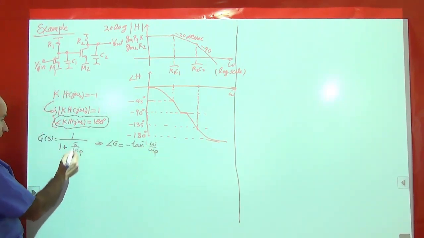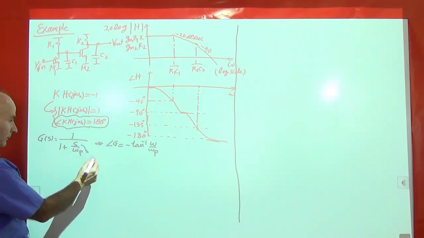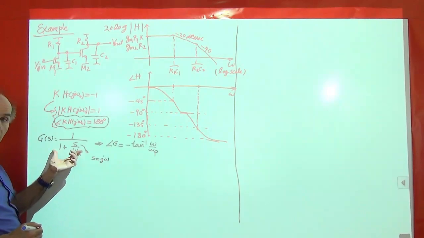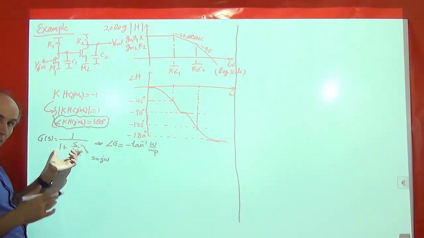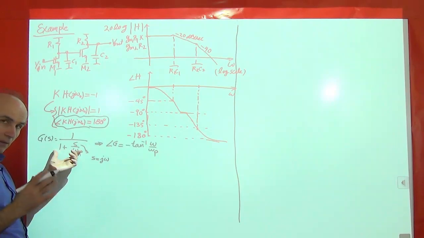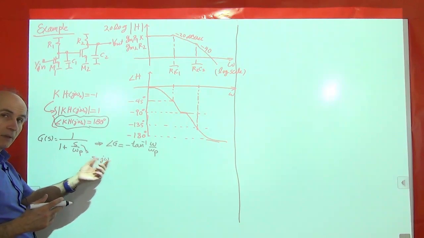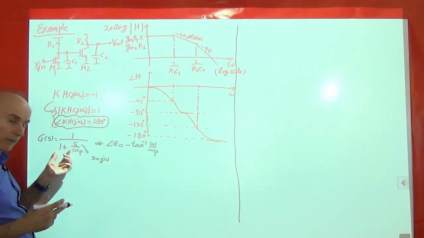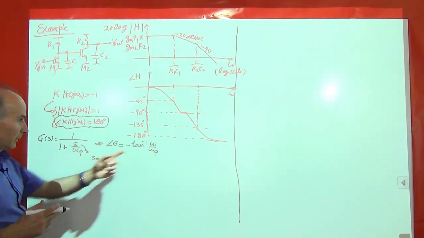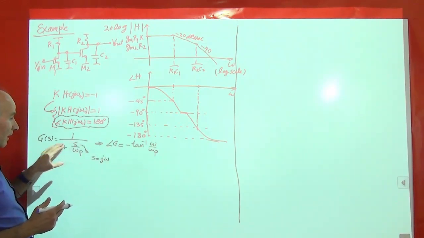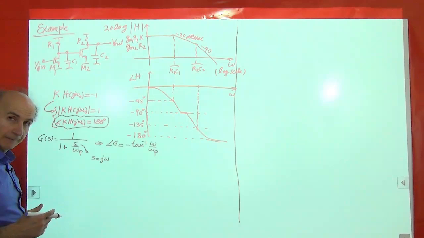I replaced s with jω, and then I said the angle of this complex number is equal to the inverse tangent of the imaginary component divided by the real component. The imaginary component is ω over ωp, and the real component is 1. And then this is in the denominator, so I get a negative sign.